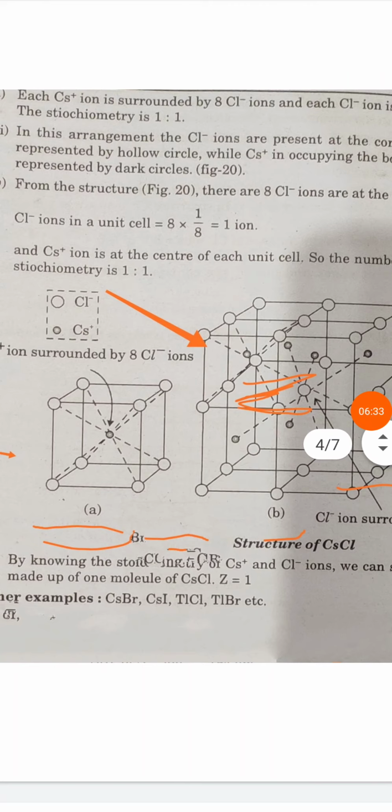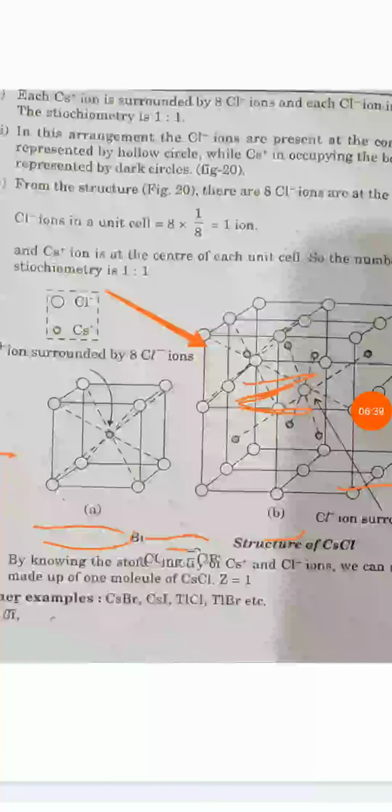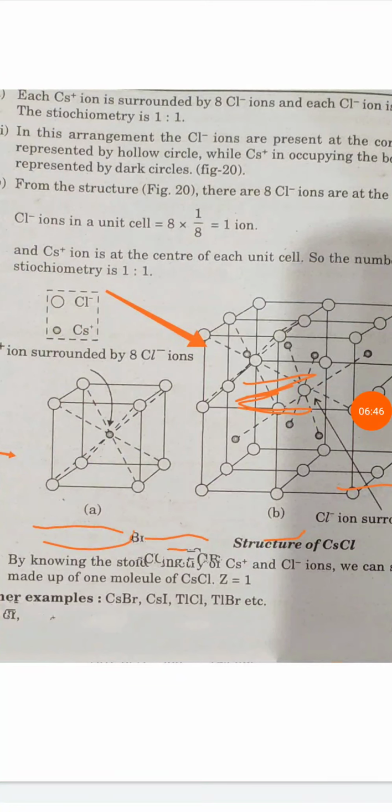This is the structure of cesium chloride, and in this, the cesium ion is surrounded by 8 chloride ions, and each chloride ion is surrounded by 8 cesium ions, because the radius ratio is more than 0.73.